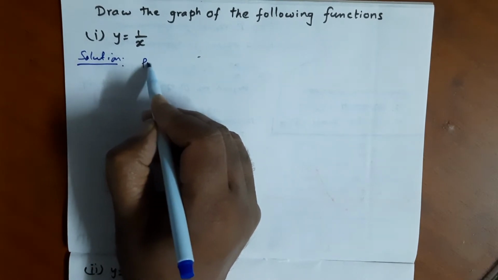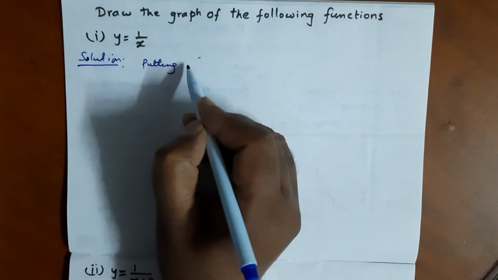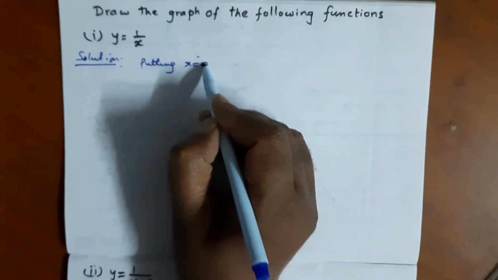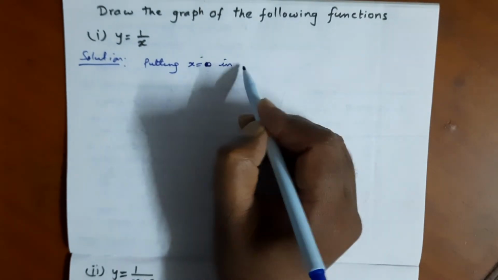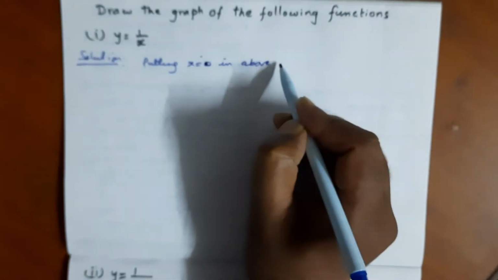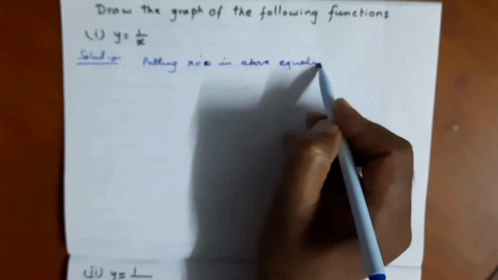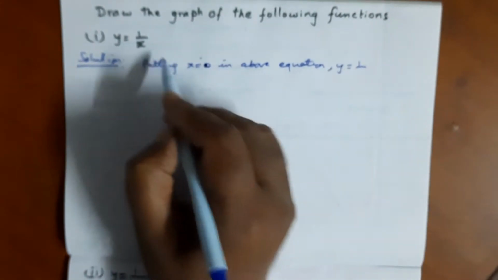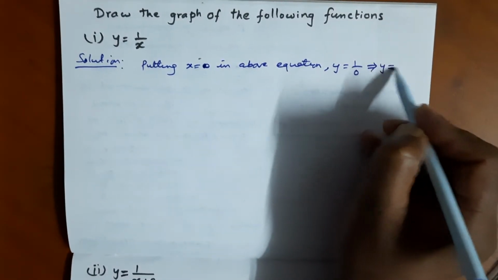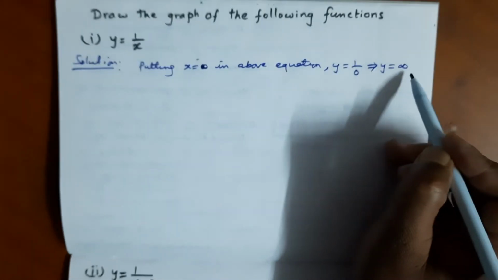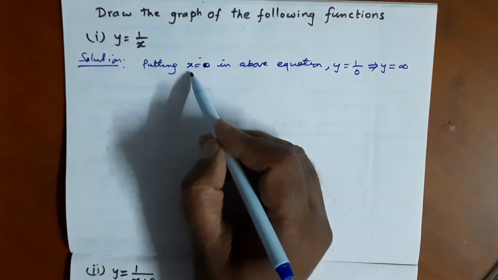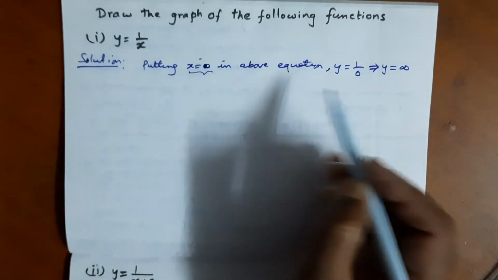Putting x equals 0 in the above equation, y will be 1 over x equals 0. So this implies y equals 1 over 0, which means infinity. When one variable's value is infinity, this x equals 0 gives us an asymptote.